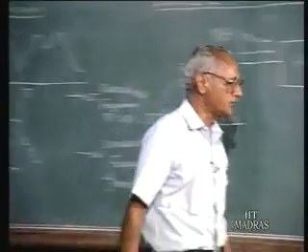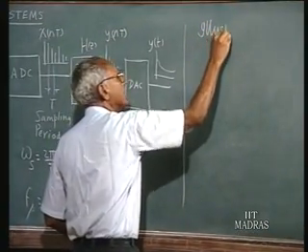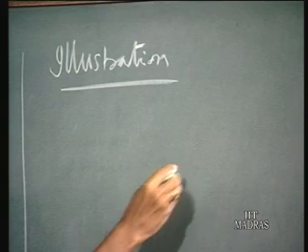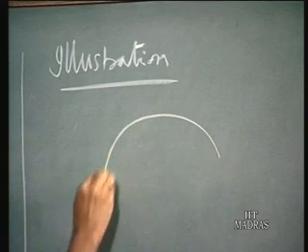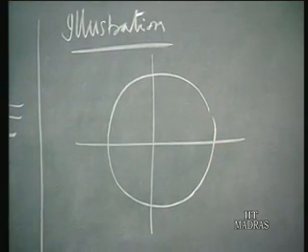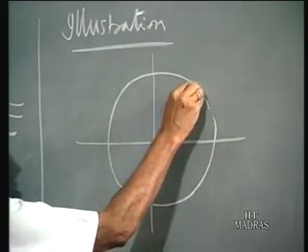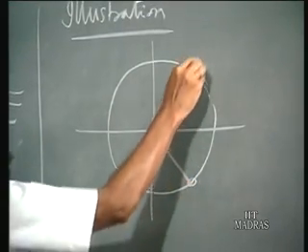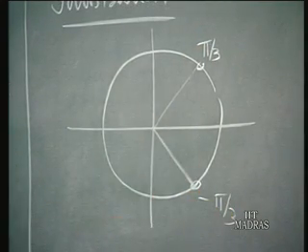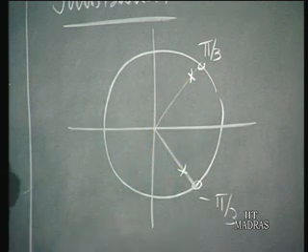Just as an illustration of how we can obtain the frequency response from the pole-zero plot, let us take a particular discrete time system function which has a pair of complex conjugate zeros at angles pi by 3 and minus pi by 3, and poles which are very close to them on the same line.